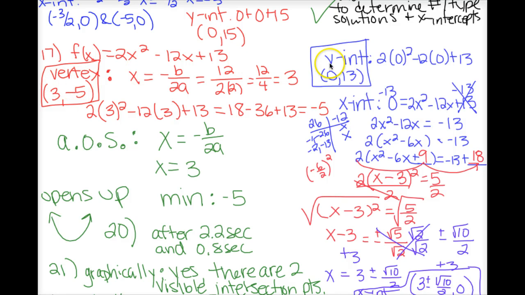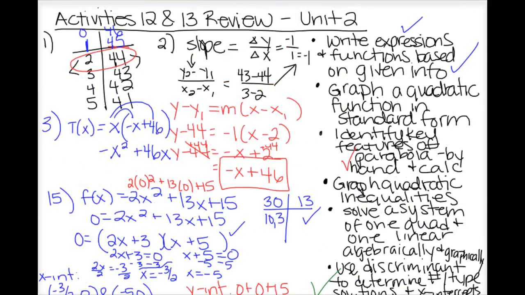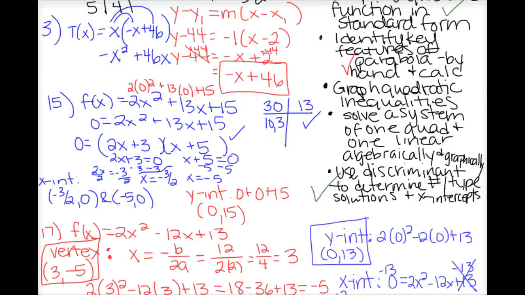If I were asked to graph 17, I would plot the vertex, plot the y-intercept, plot both x-intercepts, and then connect the dots. So we can check that off by hand. Now we're going to look at how we can do that using the graphing calculator. I'm going to combine that with the quadratic inequalities.